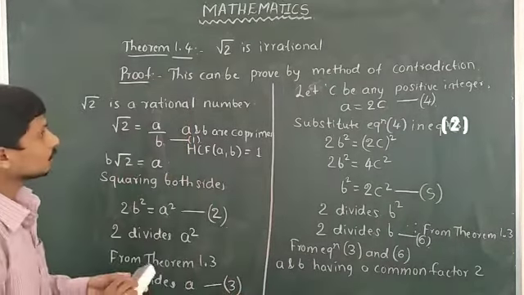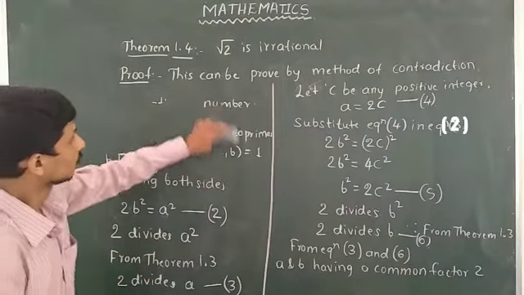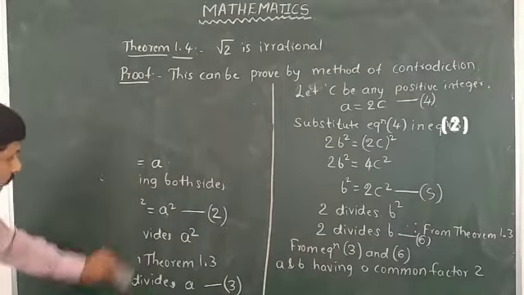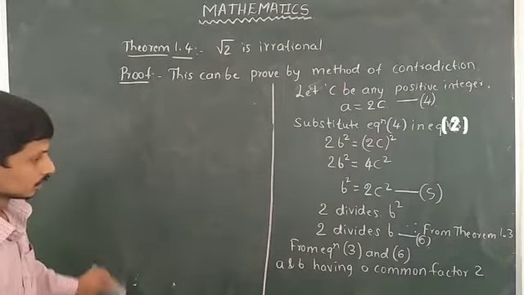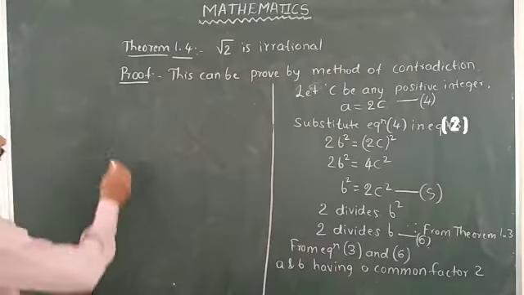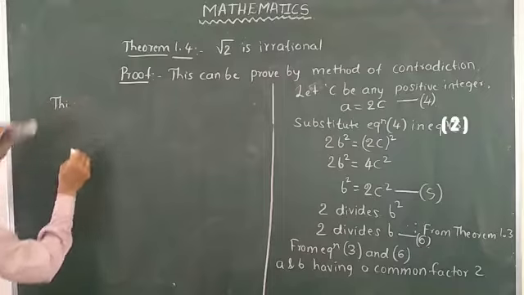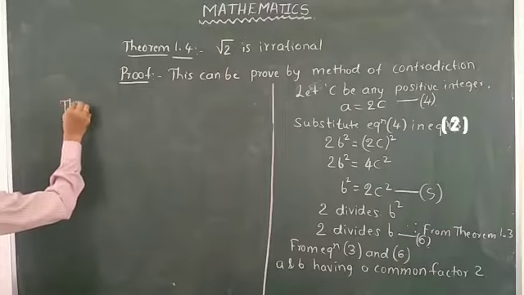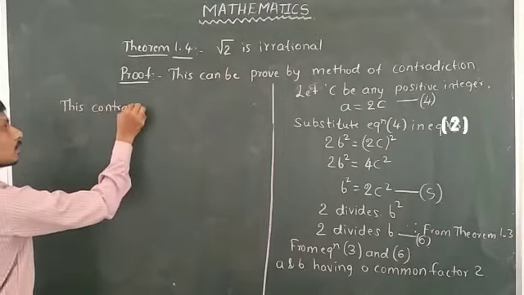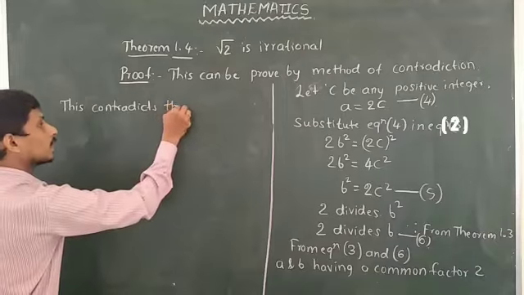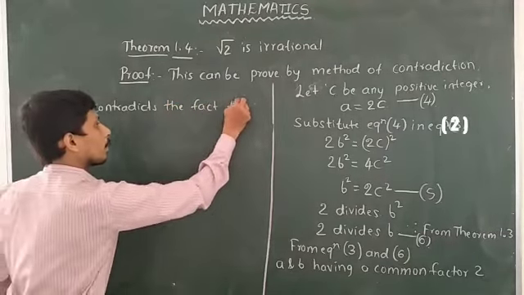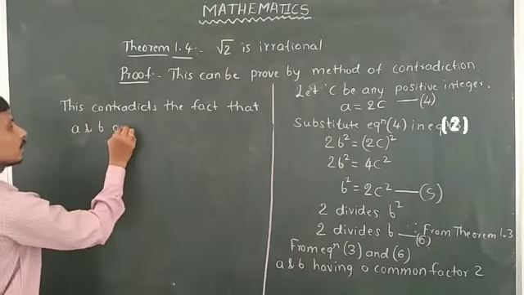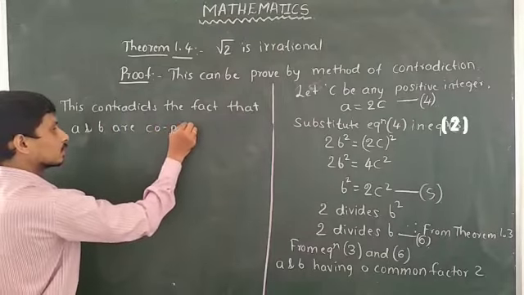So I will continue here. After that I will write: this contradicts the fact that a and b are co-primes.